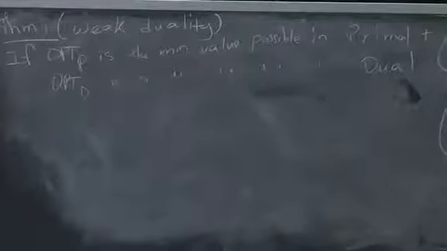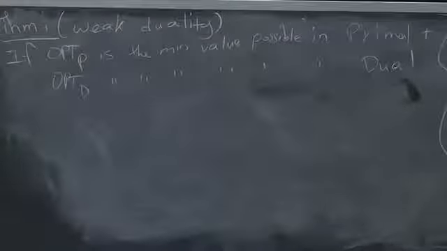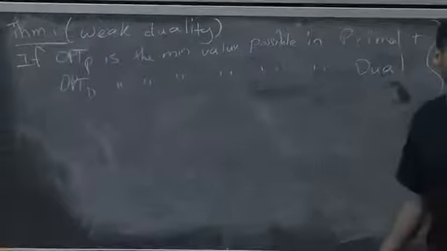How can you relate opt P to opt D? Opt D is a lower bound of opt P. That's exactly how we define the dual.